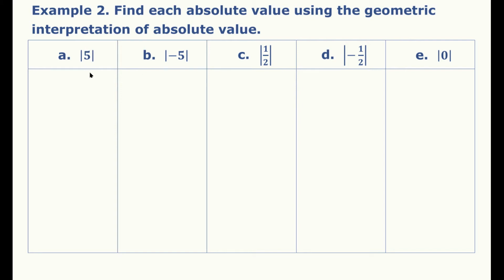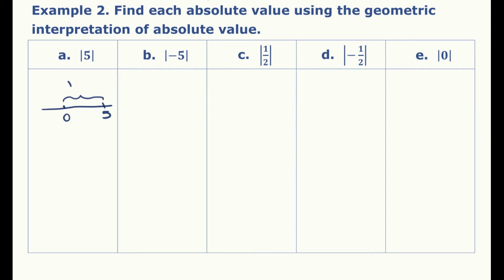So what is the absolute value of 5? Well, it's the distance between 0 and 5, right? So if we just do a quick graph for each of these with the number on it, you'll see, for example, absolute value of 5. Basically, here is 0, here is 5. So what is this distance?